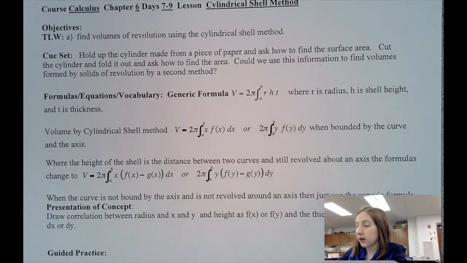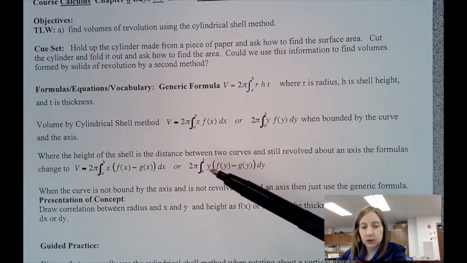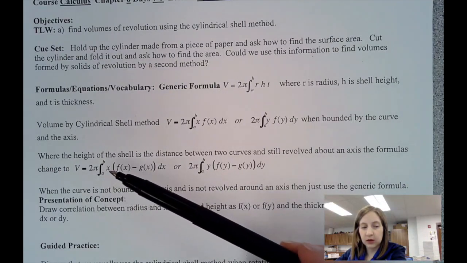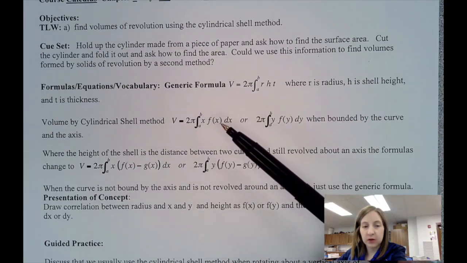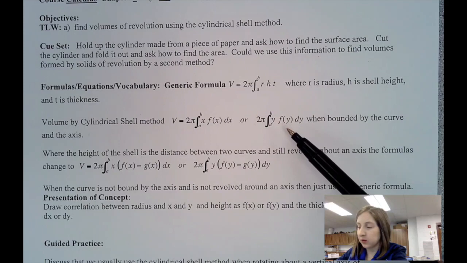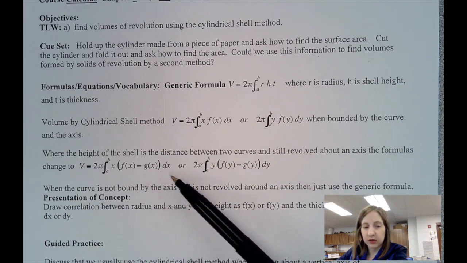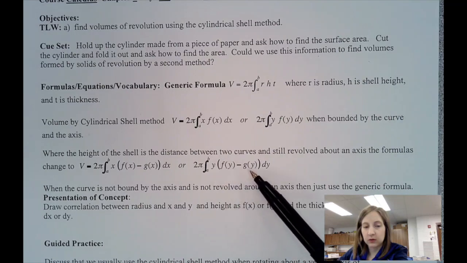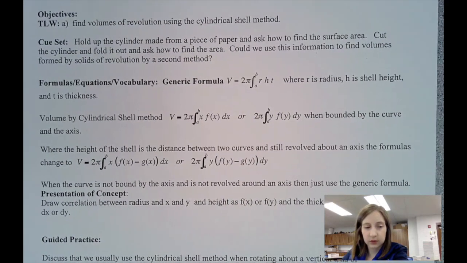Now, if we're going around something different, then these y's and x's that are standing for the radius change a little bit. If the area is bounded by the curve and an axis, we just have the one function. If the area is bounded by two curves, we have outside curve subtract inside curve, which helps us figure out the height of our cylinder.